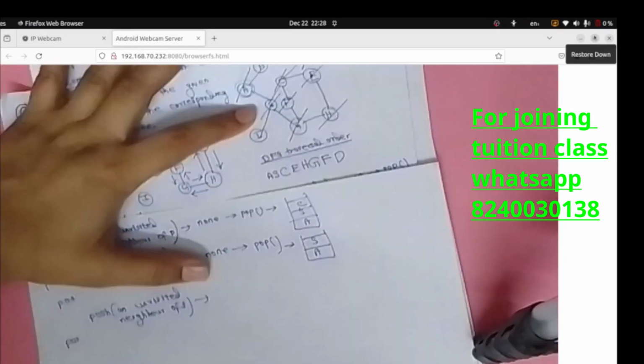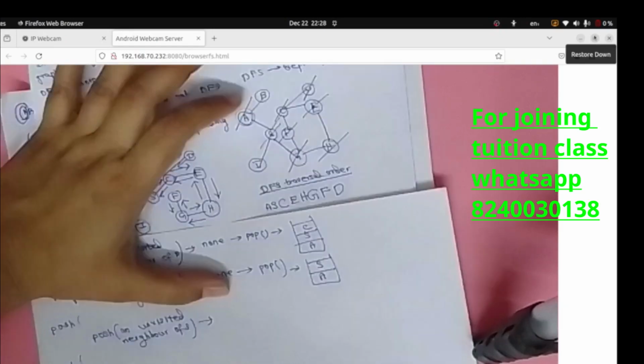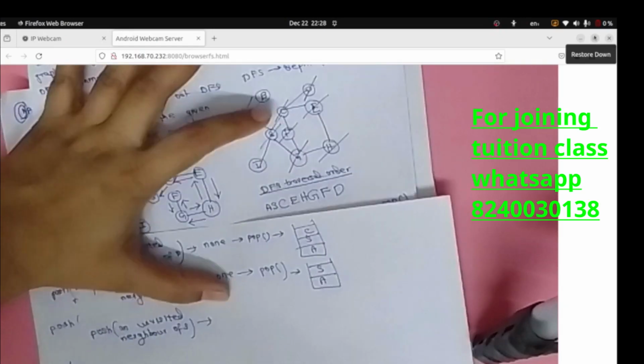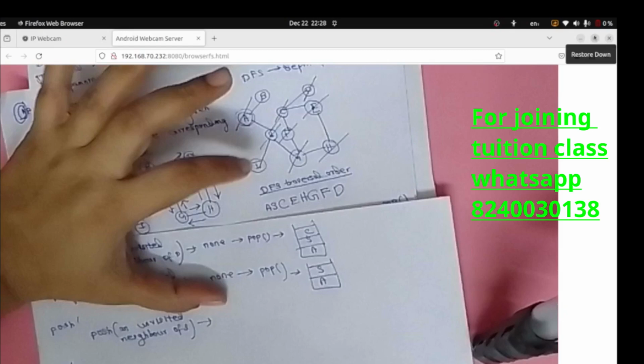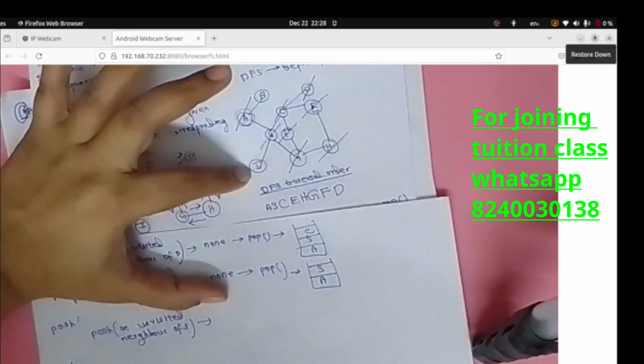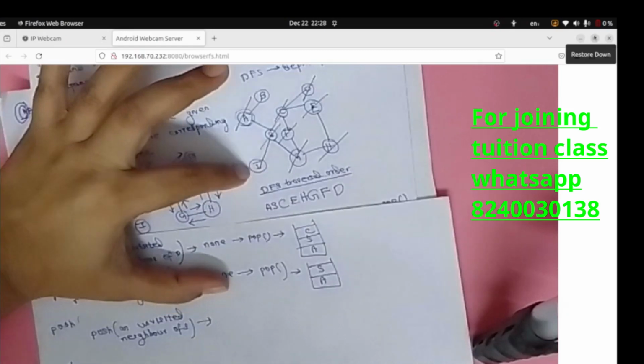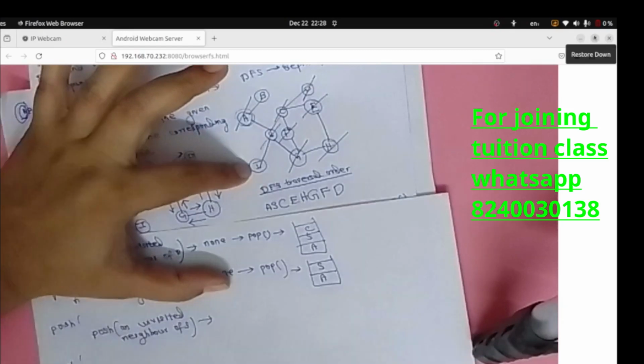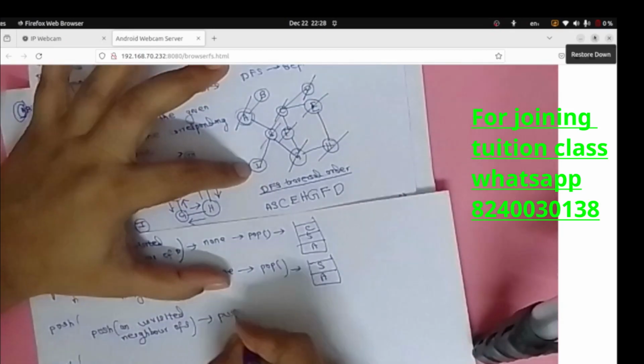The graph has so many neighbors: A, C, D, and I. Among them, only I is an unvisited neighbor of S. So the operation will be push, and the vertex I will be inserted into the stack. So it will be push I.